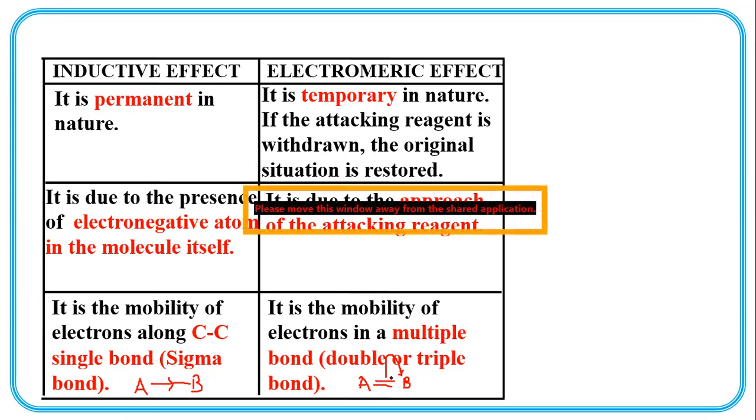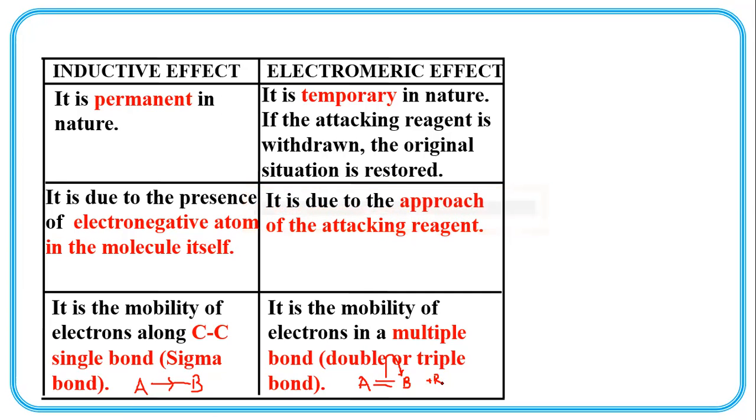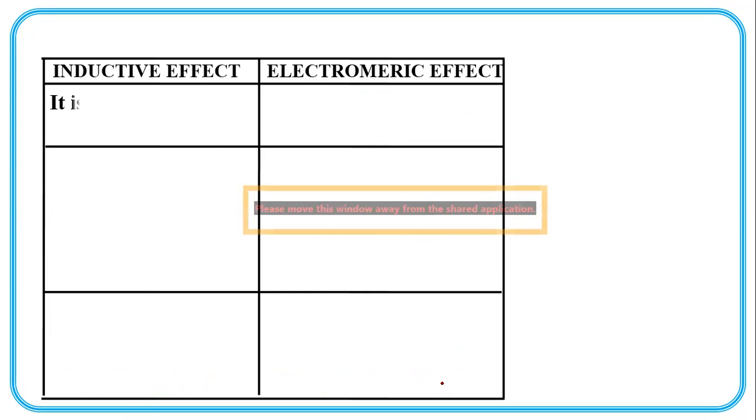It means complete transfer of this electron pair to B in the presence of a suitable reagent. Okay, so this way the inductive effect and electromeric effect can be explained.